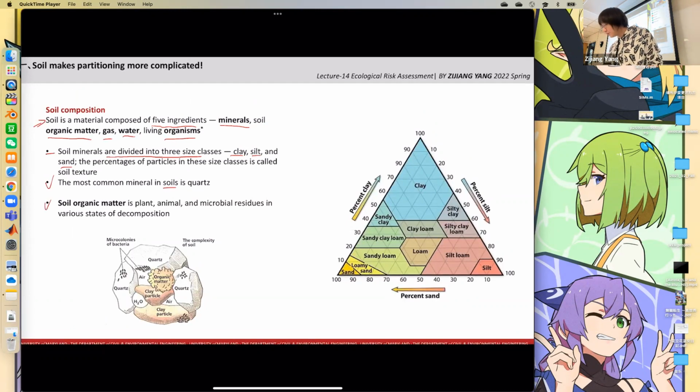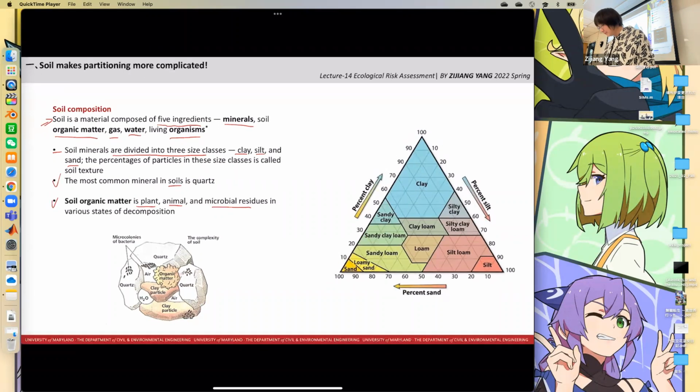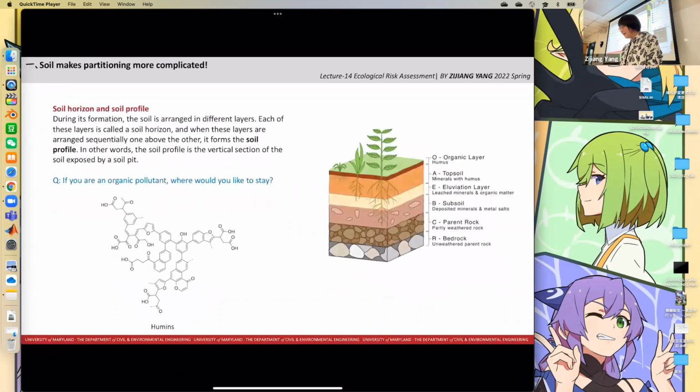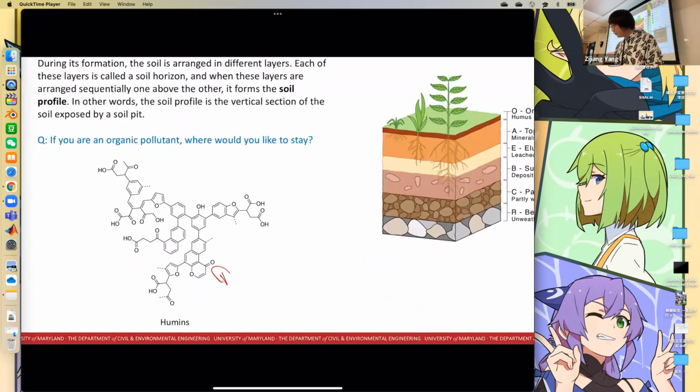And soil organic matter is the plant, animal, and microbial residues in various states of decomposition. So basically, the organic matter in the soil consists of the degradation products of other organisms. This picture shows an example of soil organic matter, humin.